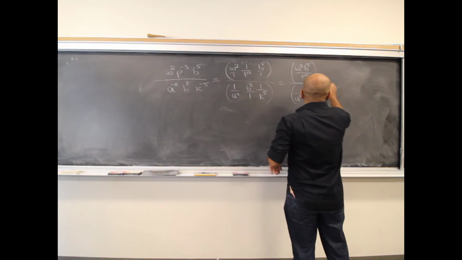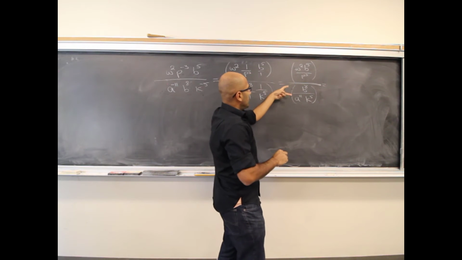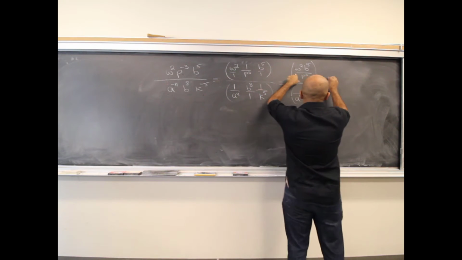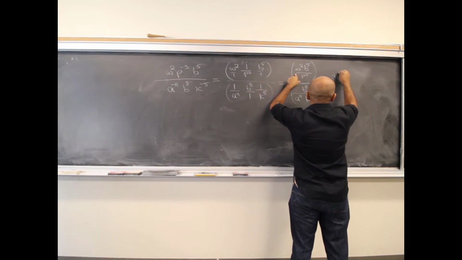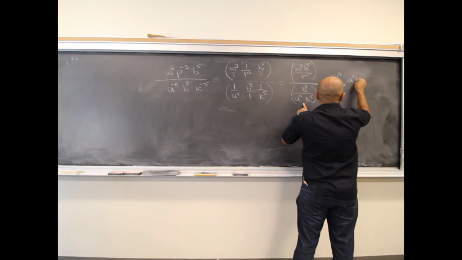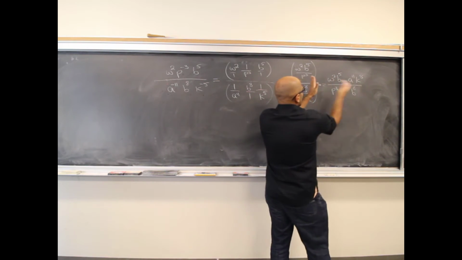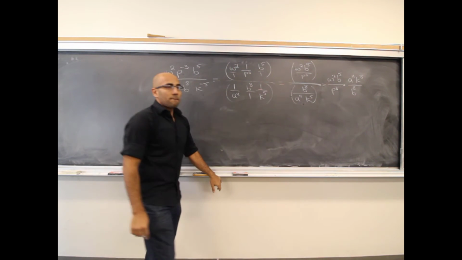And so finally, this turns out to be this one, this fraction, times the reciprocal of that one. So we get w squared b to the 5th power divided by p to the 3rd times a to the 11th, k to the 5th, all over b to the 8th. Okay, and then we just multiply them together and that's our answer.